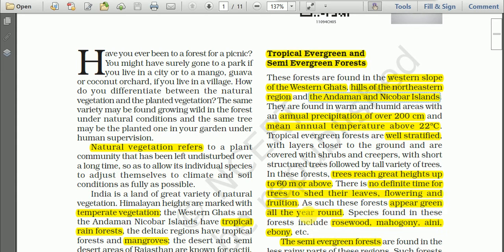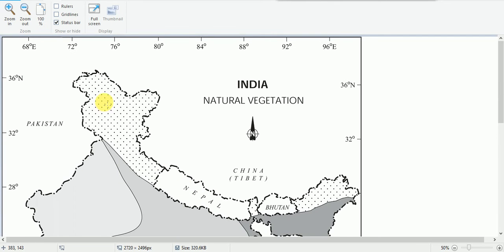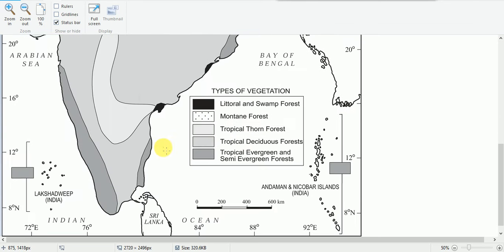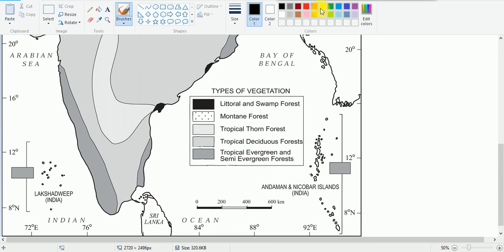See here, this is the map in our textbook, and here the dark gray, this one, shows tropical evergreen forest. Accordingly, here this area, the western slopes of the Western Ghats.